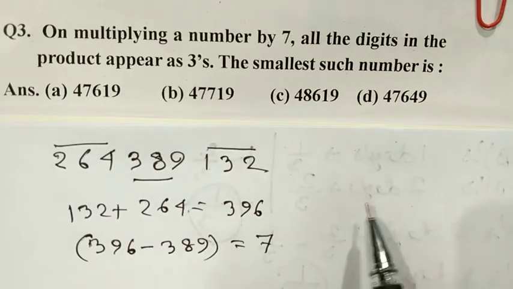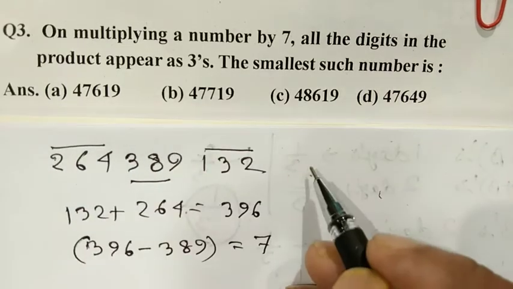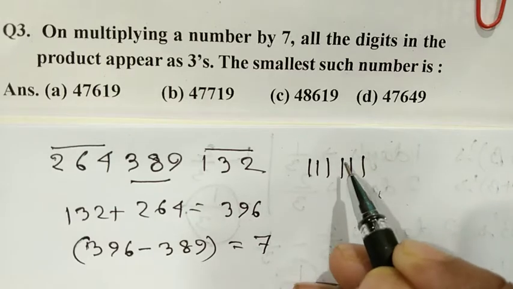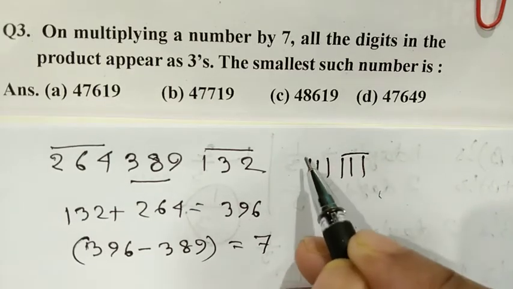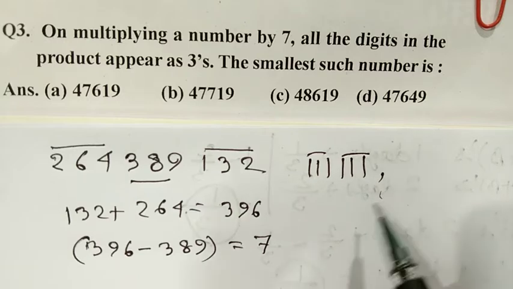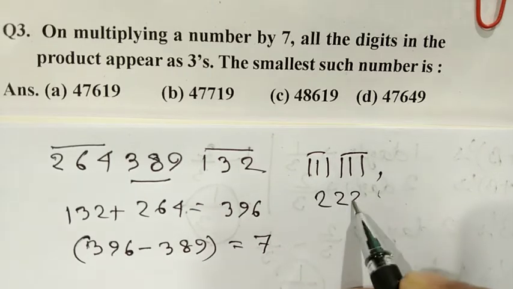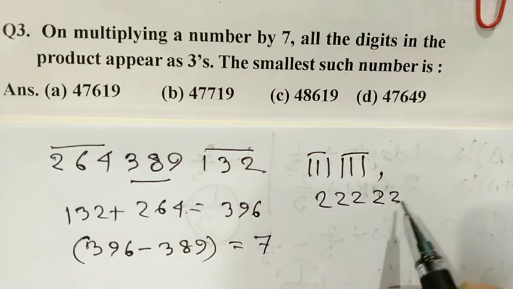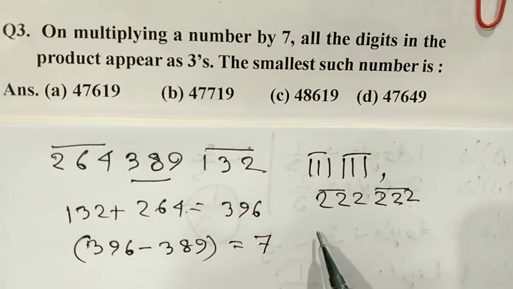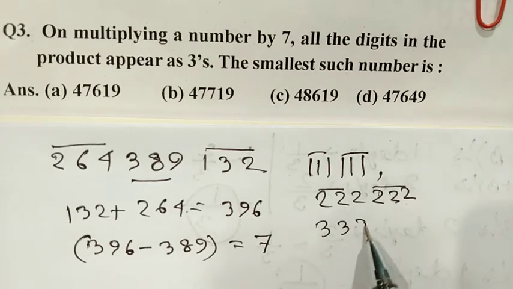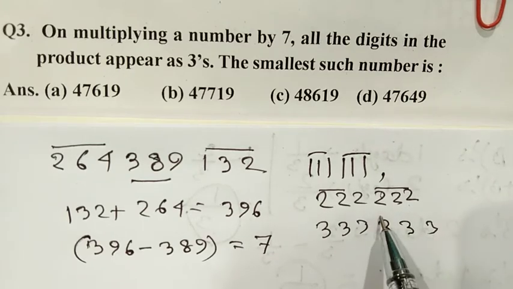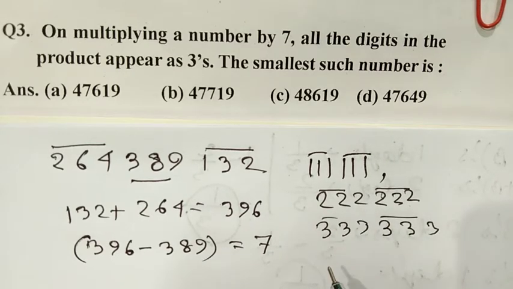In this way: 1, 1, 1, 1, 1, 1, odd places 3 digits minus even places is 0. 2, 2, 2, 2, 2, 2, odd minus even is 0. 3, 3, 3, 3, 3, 3, odd minus even is 0.